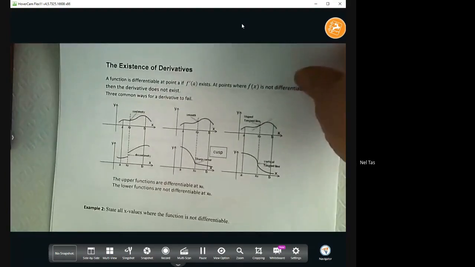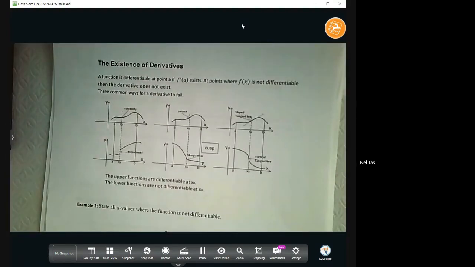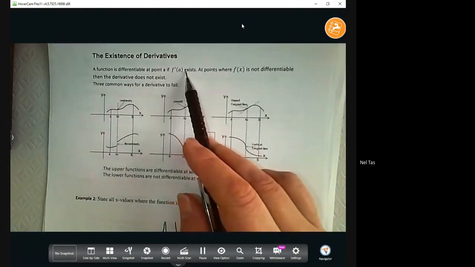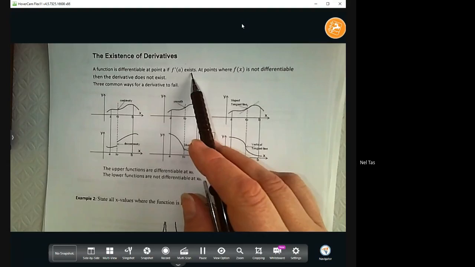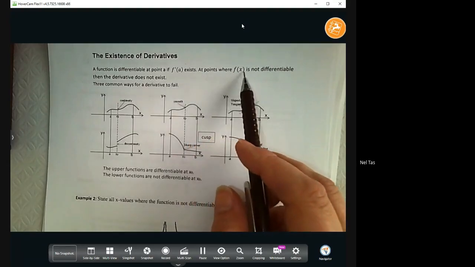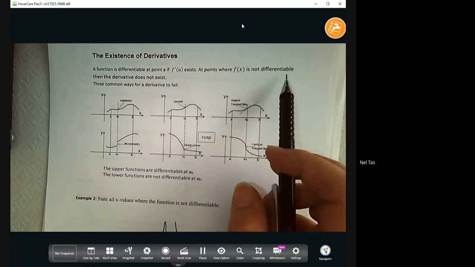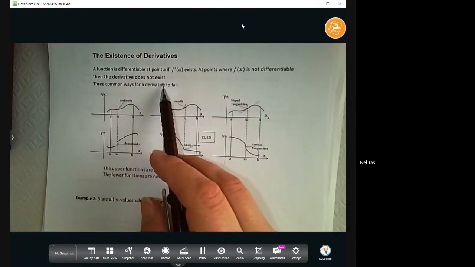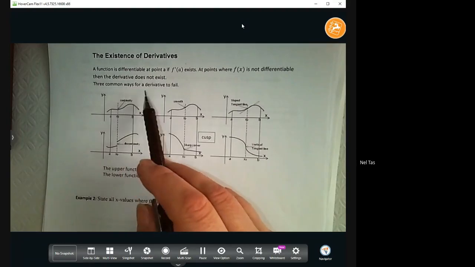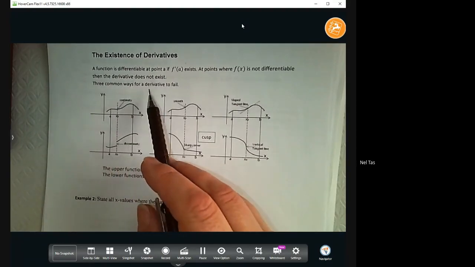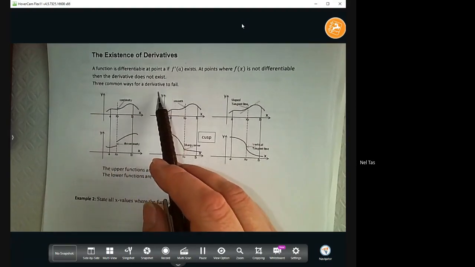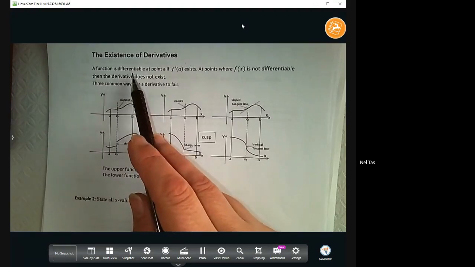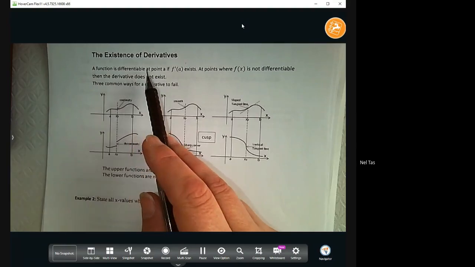A function is differentiable at point a if f prime of a exists. So at points where f of x is not differentiable, the derivative does not exist. Now we're going to talk about 3 common ways for a derivative to fail. Again, if the derivative fails, it means that the function is not differentiable at those specific points.